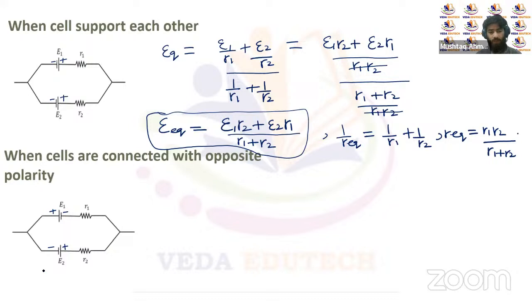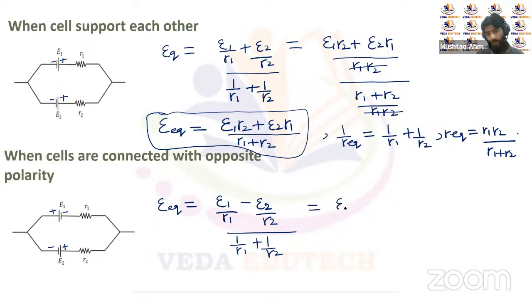In this case, what will be the equivalent EMF? E equivalent will be E1 upon R1 minus E2 over R2, because they are opposing each other, upon 1 over R1 plus 1 over R2.